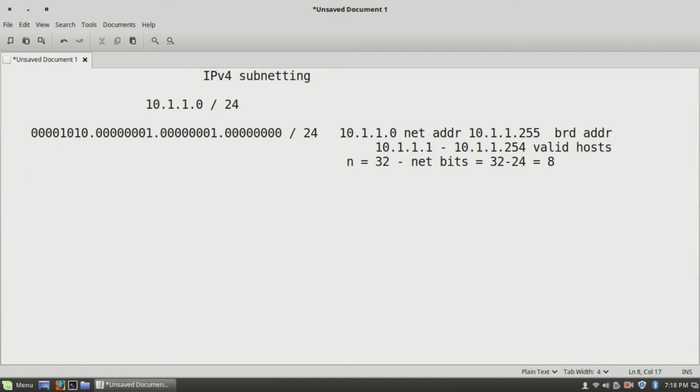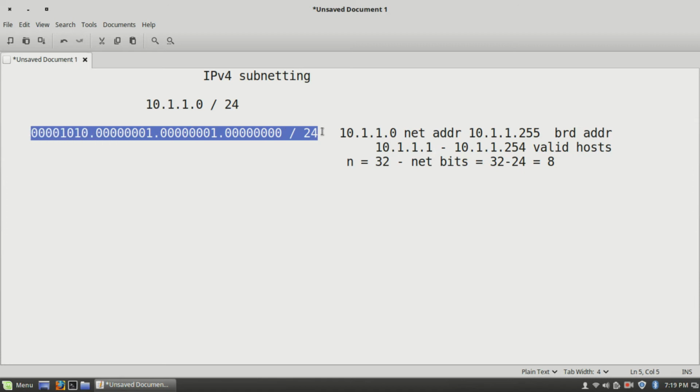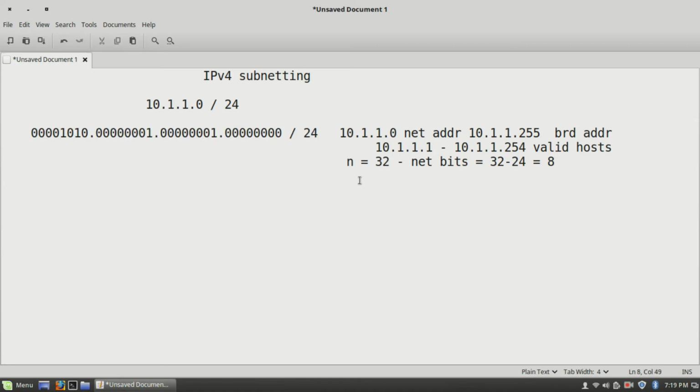That is the host bits. And what would be the block size? The block size of this network would be 2 to the power n, which is equal to 2 to the power 8, that is equal to 256.